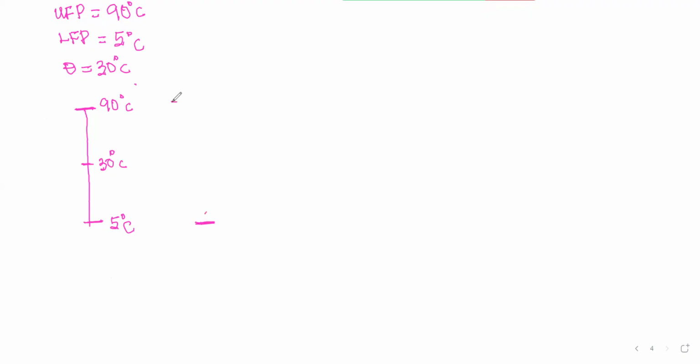So if we compare it to length, at 5 degrees Celsius, x naught. At 90 degrees Celsius, this is x2. At 30, let's assume is x1. So you are actually looking for x1.